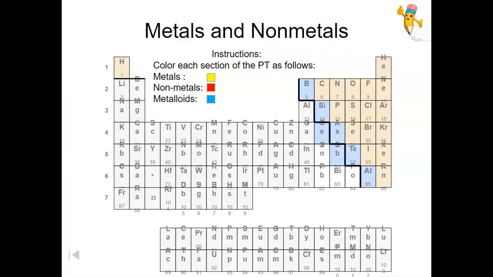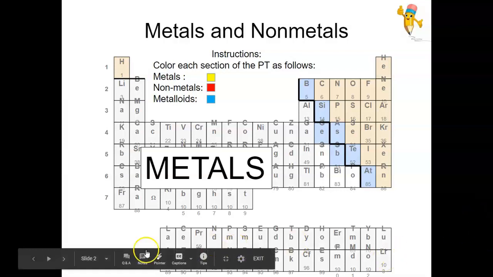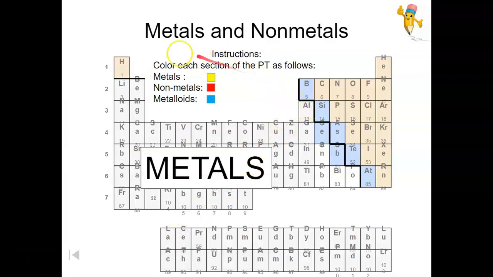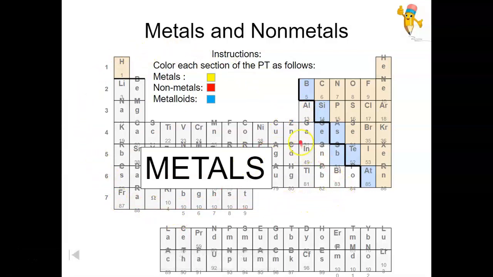But you are going to color the metals yellow, and the metals are this whole section. Pull up my pointer. This whole section right here. They're kind of white on my thing. Be careful in this area.